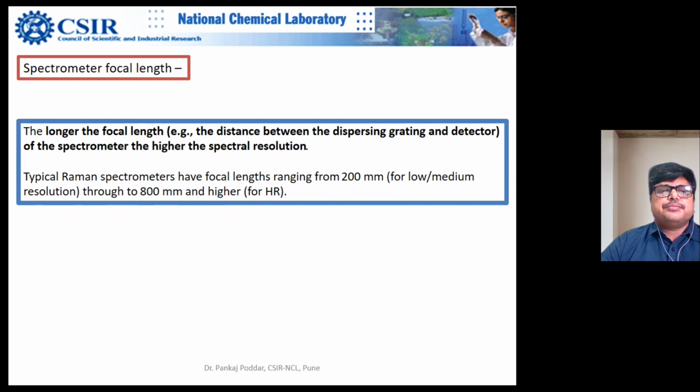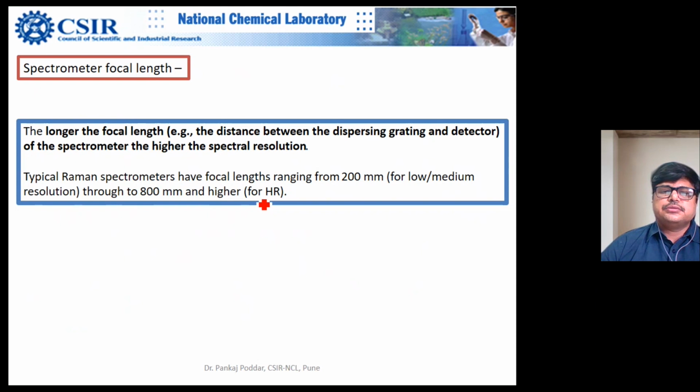Spectrometer focal length plays a major role. The larger the focal distance, the better the resolution becomes. For example, if you take a 200 millimeter focal length, the dispersion will not be good in comparison to 800 millimeter, which will have higher dispersion. The example is simple.